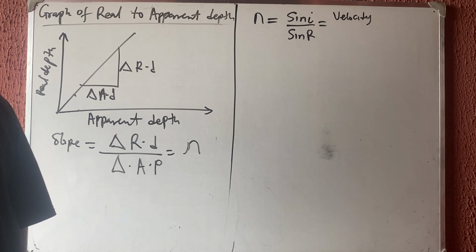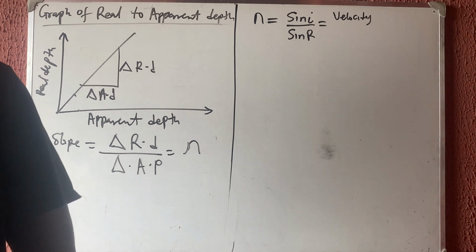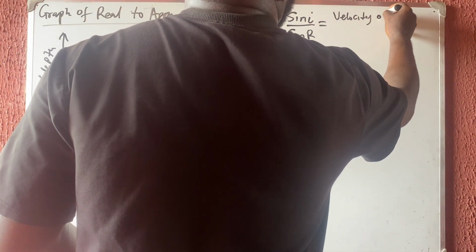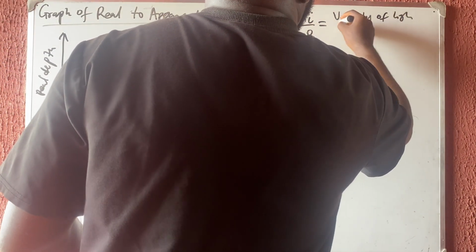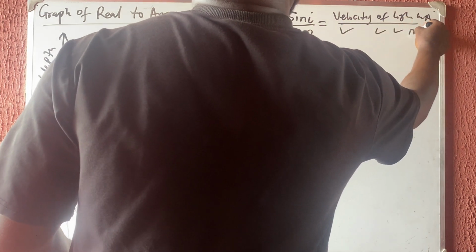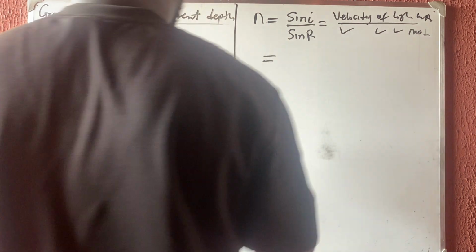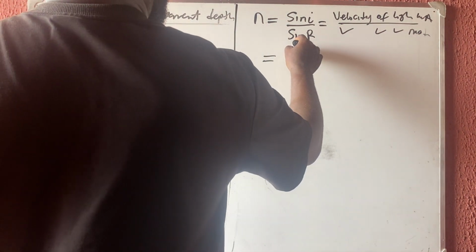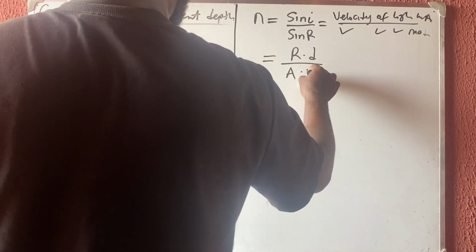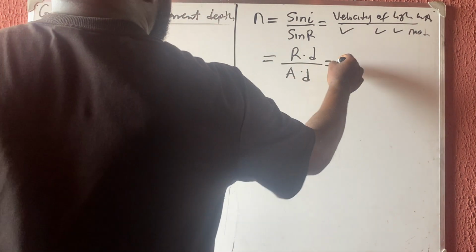Velocity of light in air over velocity of light in that medium. Okay, we still see that it is equally the real depth over the apparent depth.